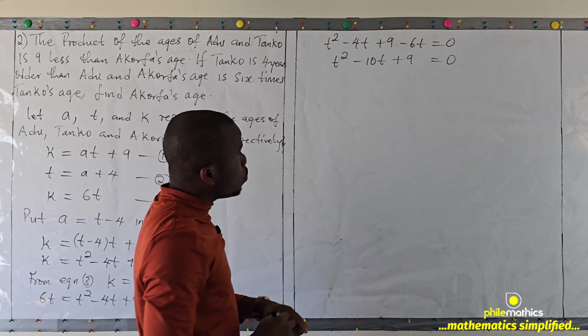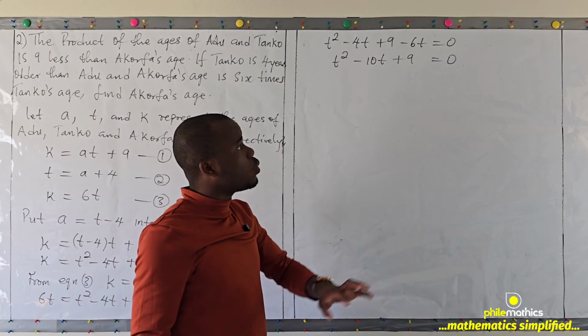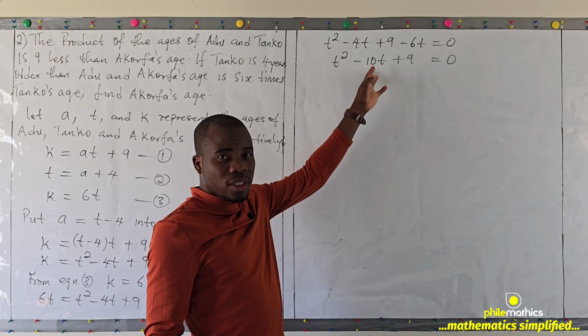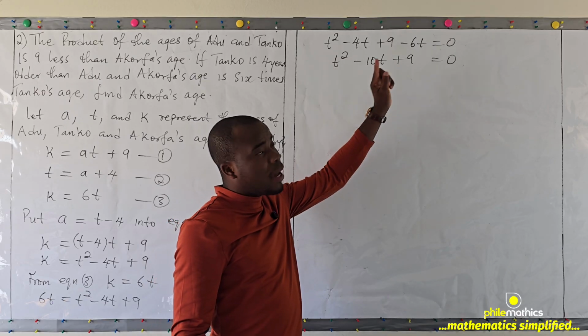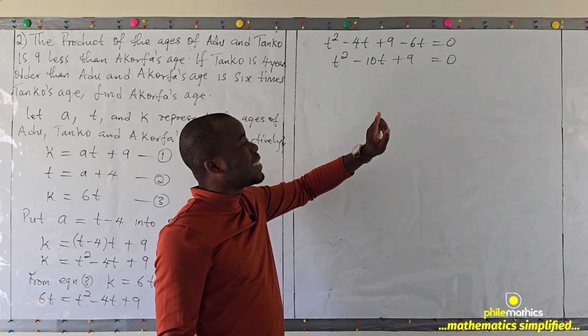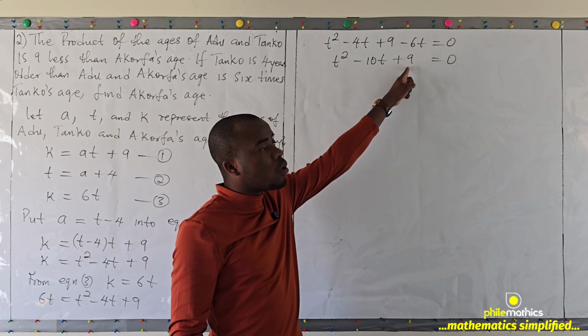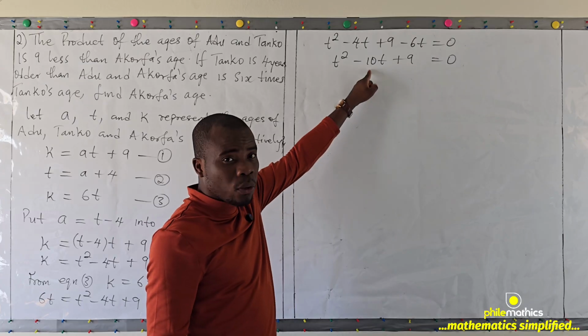At this point, we look for two numbers such that when we multiply them we get 9, and when we add them we get minus 10. The two numbers are simply minus 1 and minus 9, because minus 1 times minus 9 gives plus 9, and minus 1 minus 9 gives minus 10.